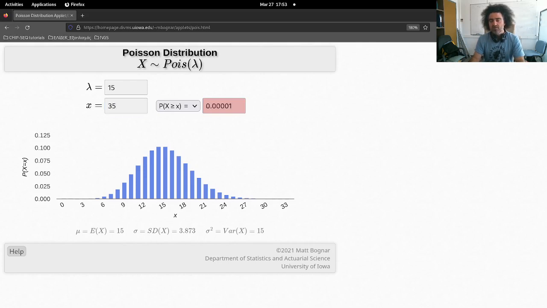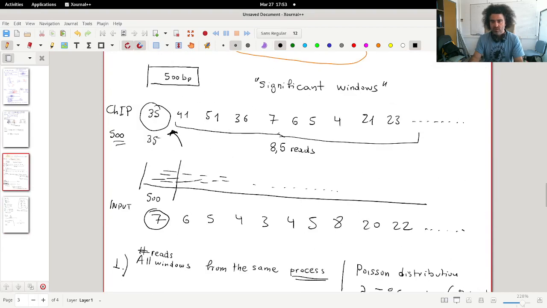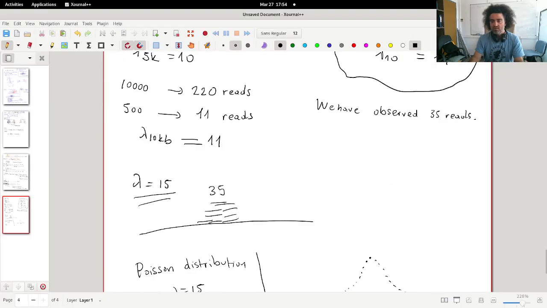So the probability to observe 35 or more reads by chance when the Poisson process has a lambda rate or average value 15 is just 0.00001, which means that if we would assume that this interesting region here is just a result of chance, that it just got more reads without actually being a transcription factor binding site itself, then the probability to obtain 35 or more reads just by chance would be this small number, 0.00001, which means that we reject the null hypothesis.